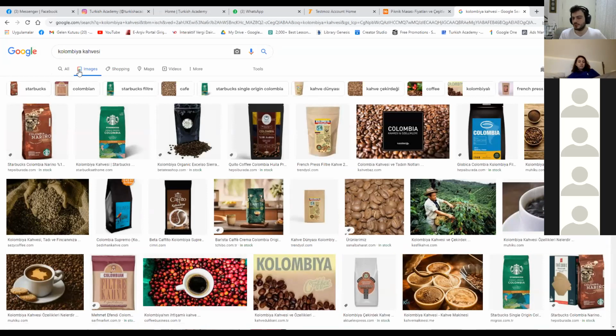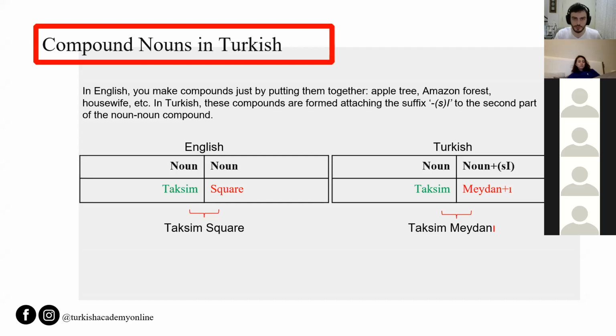This is the s, si, so, su, I, u, that you always hear. And this information is for everyone who is a little bit more advanced in this topic, in the compound nouns or possessives. Whenever you have one of these words, and you have to add another suffix like a case marker at the end of them, you have to use the buffer n.